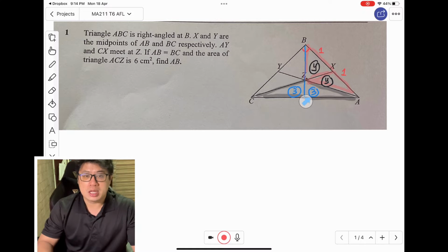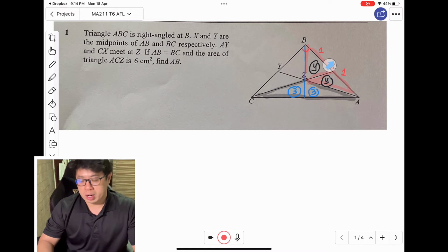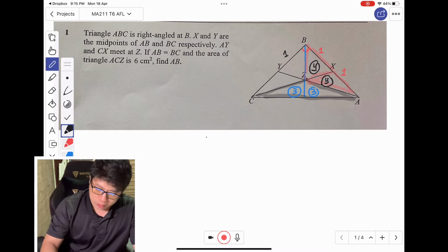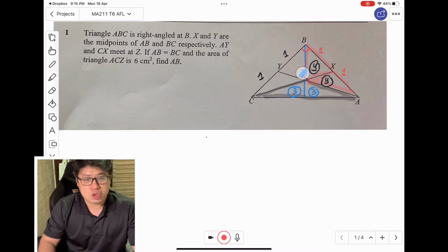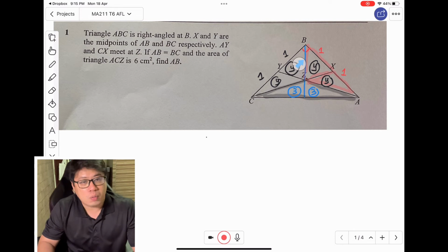If I split it into half, I should get the same area for BC on the left and also on the right, which means that this section here is also 2Y, and again the ratio here is 1:1. Now 2Y plus 3, this is 2Y plus 3, therefore this is also 2Y plus 3. What you see on the left and right will also be 2Y. Because these two are equal, triangles of the same height, this is also equal to Y and Y.